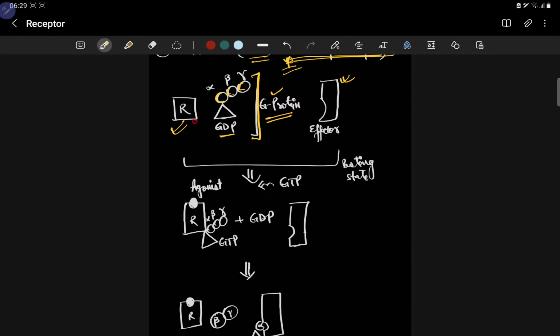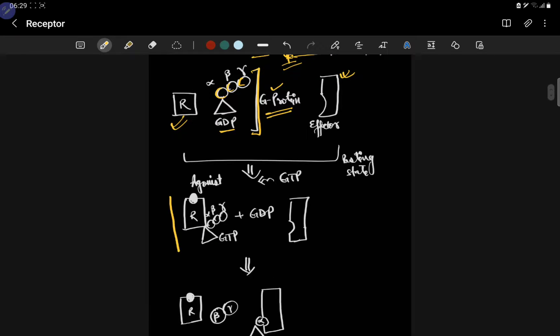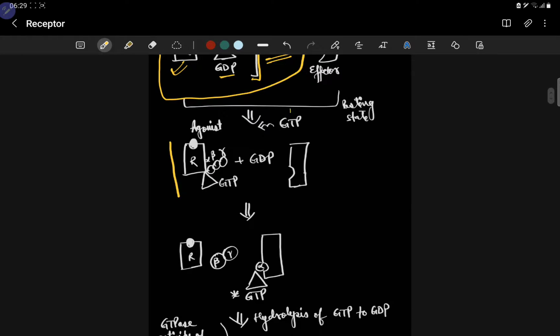Now when the receptor and G protein act, what happens? First there will be receptor and GDP bound formation. What happens then? Then the GTP comes, and what will the GTP do?